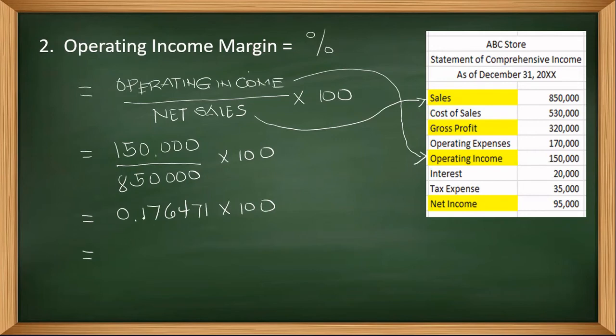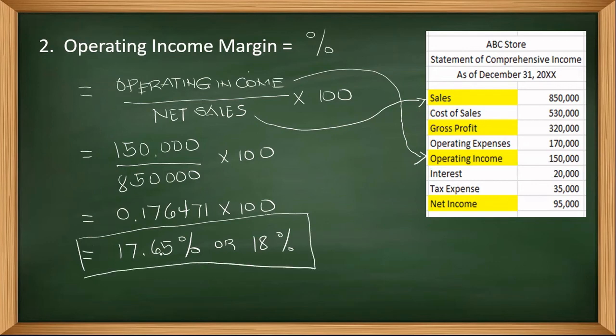For two decimal places, we get 17.65%, or for whole number, we get 18%. So this will now be our operating income margin, 17.65% or 18%.